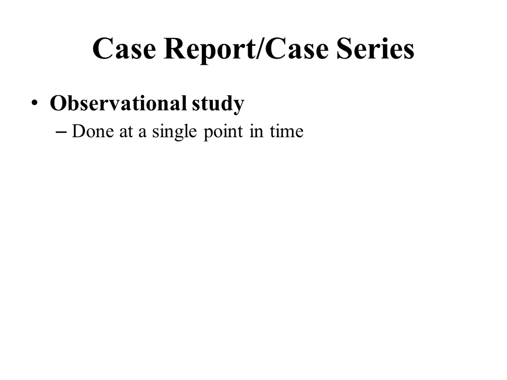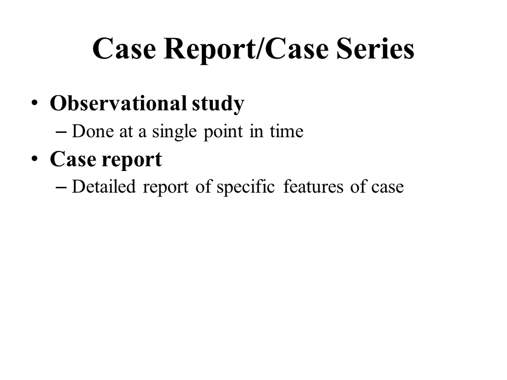Okay. So the first type of observational study is the case report or the case series. These are observational studies that are done at a single point in time. And so we're not really looking forward or backward. We're just looking at what's happening right now. In a case report, we look at the detailed report of the specific features of a case.